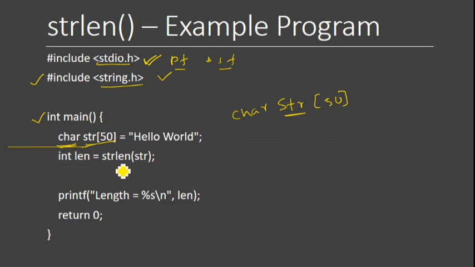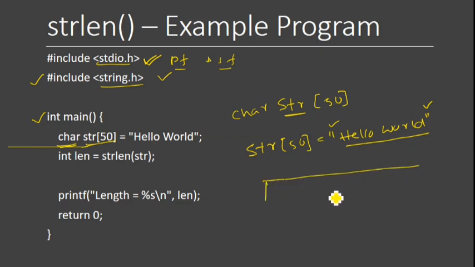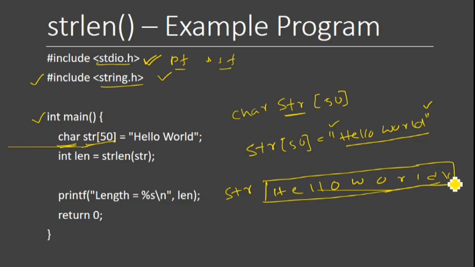Now str is assigned "hello world". A group of characters enclosed in double quotation marks is a string. Now it stores like this: str is the array name, HELLO WORLD and backslash 0.